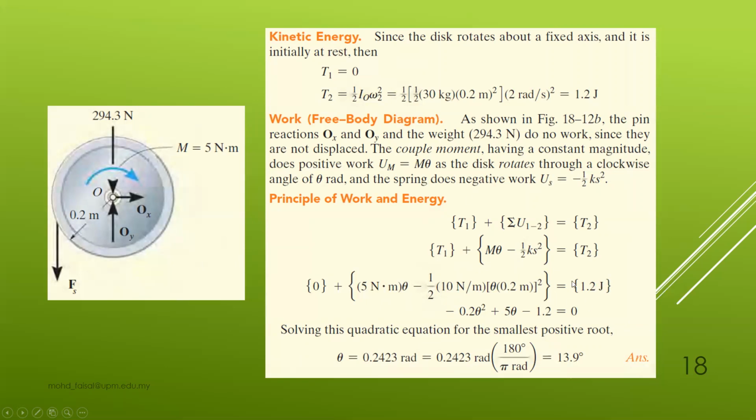Just imagine that on the left hand side, from the principle of work and energy, in a simple way, how to understand this problem is: on the left is what you give, what you give to the system.